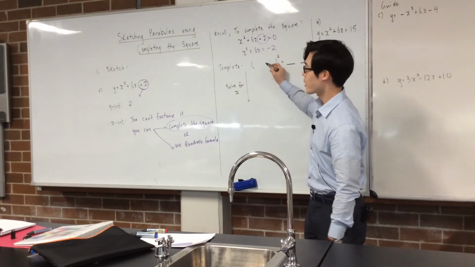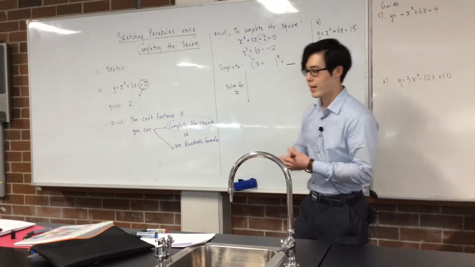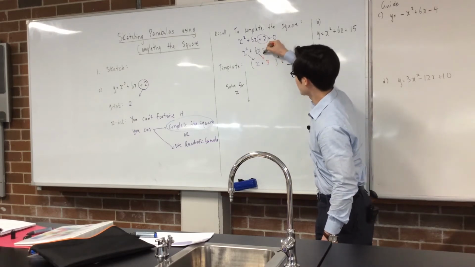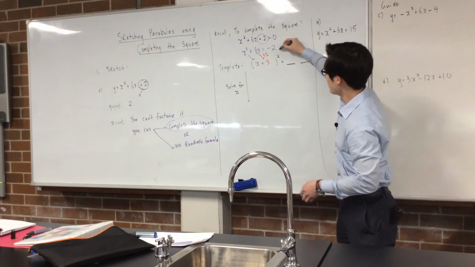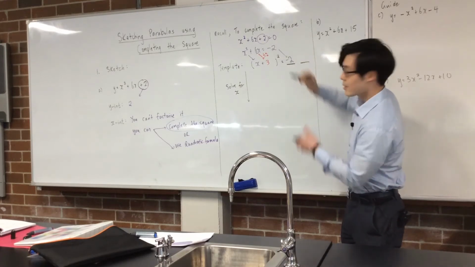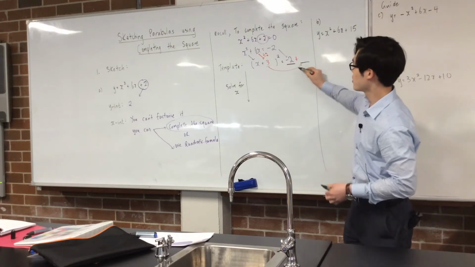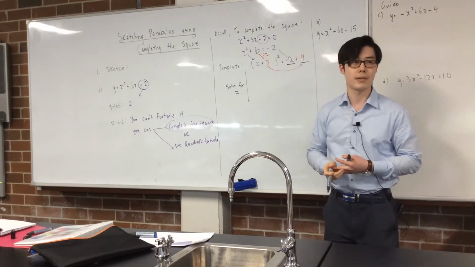So what goes inside the bracket is always just x plus half of that number. So it's 3, so basically divide by 2. Now that number is the same, but you always have to add on the square of that number. So if you square 3, that's 9.